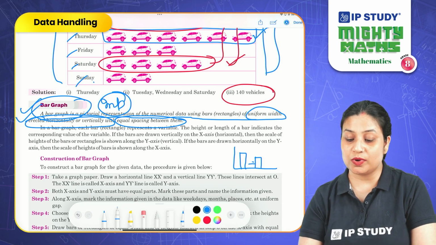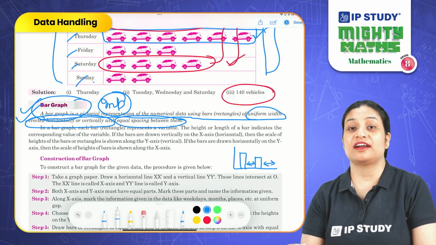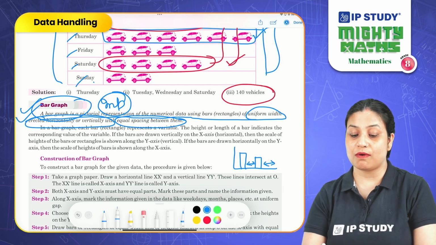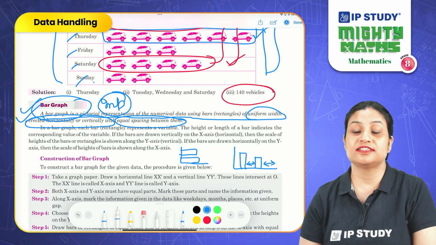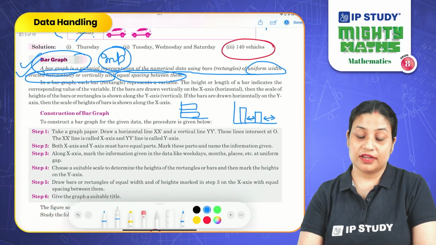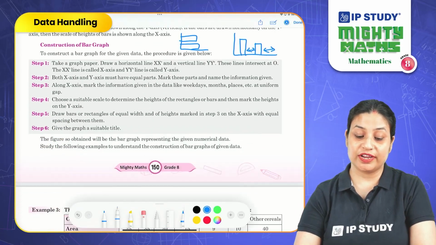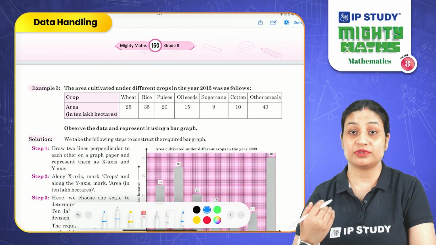They will be equally spaced from one another. And these bars can be drawn vertically or horizontally. This is the speciality, or you can say the characteristics, of a bar graph. Now, in this section, we will be exploring how to draw a bar graph and how to read a bar graph.